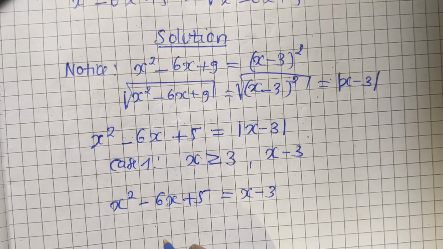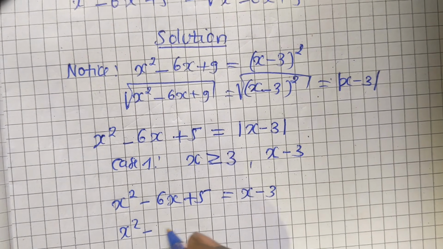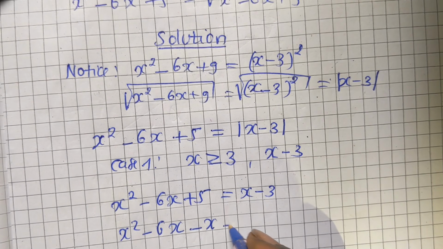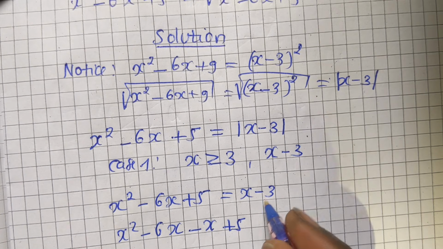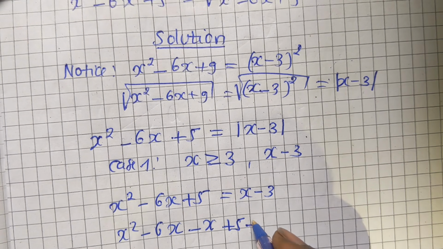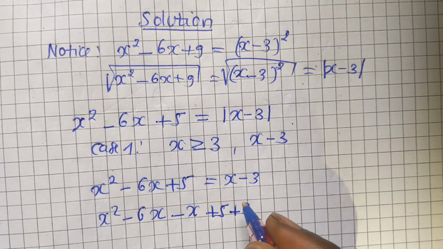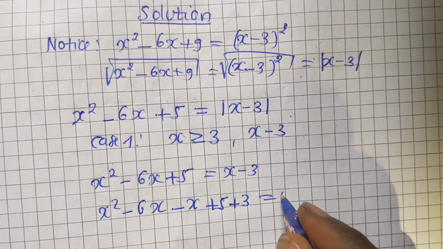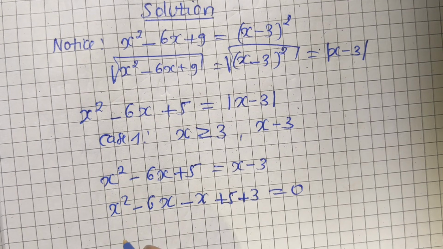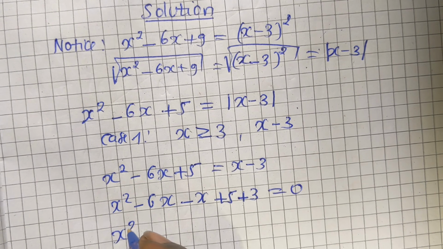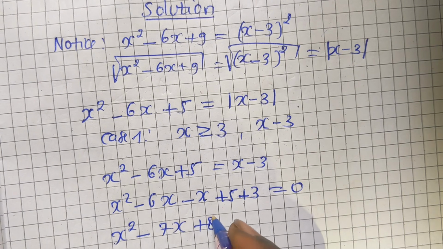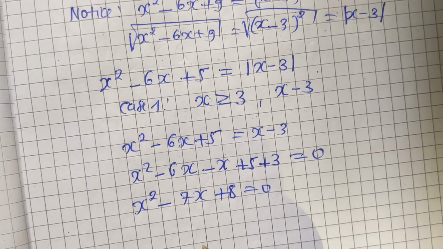Then x squared negative 6x, then negative x, plus 5, then 3 will be coming here as positive plus 3, equal to 0. Then solve this quadratic equation: x squared negative 7x plus 8 equal to 0.